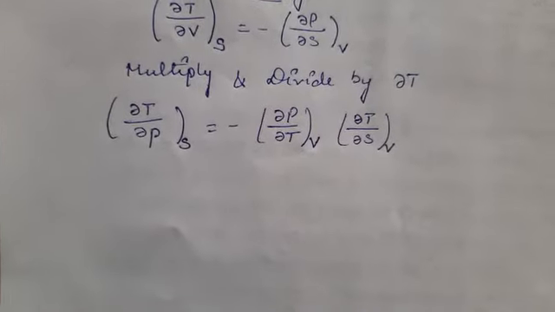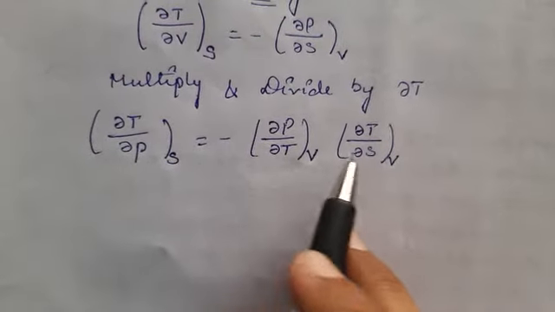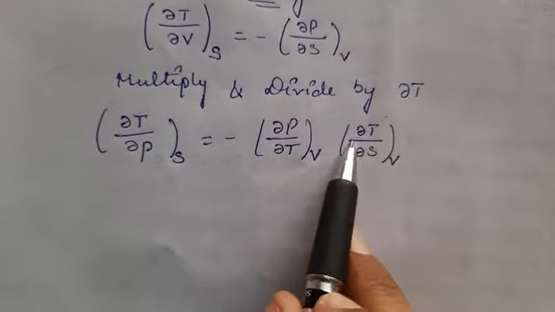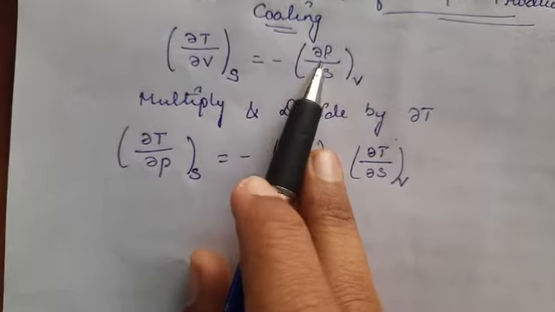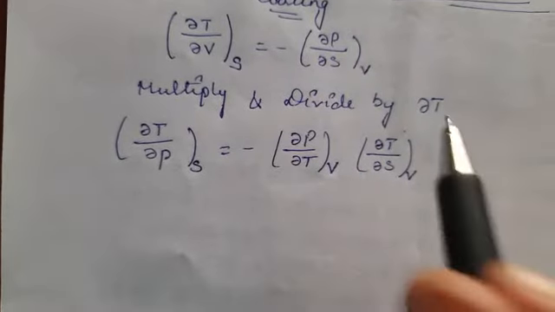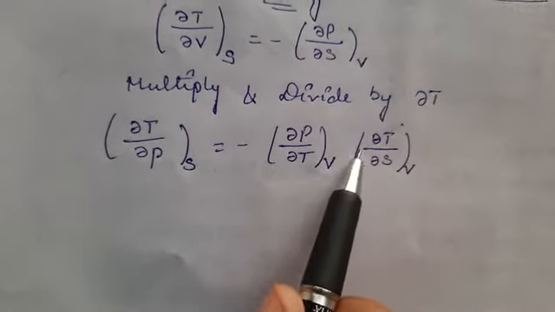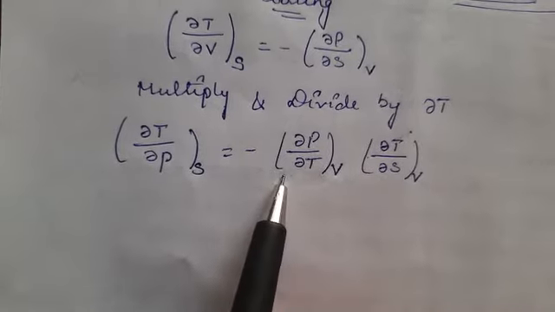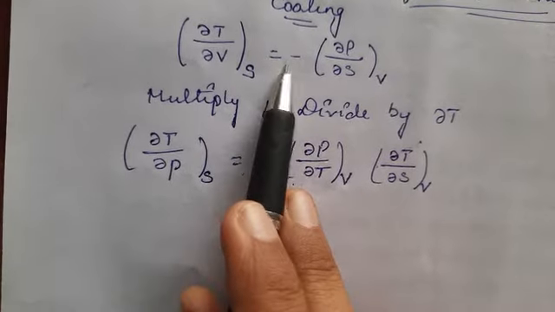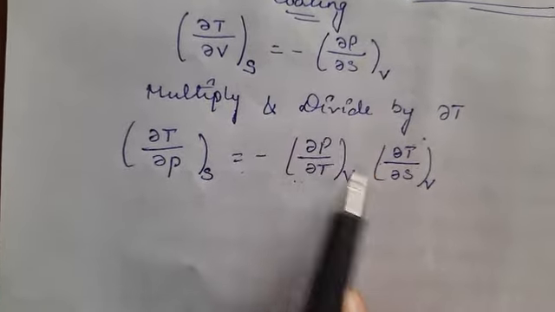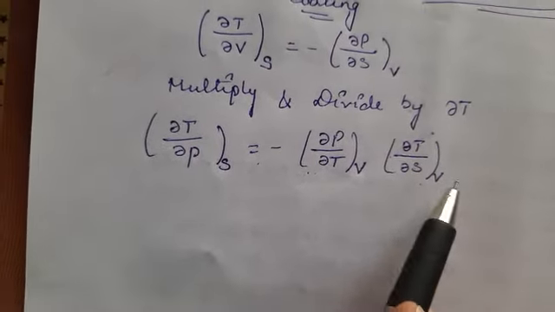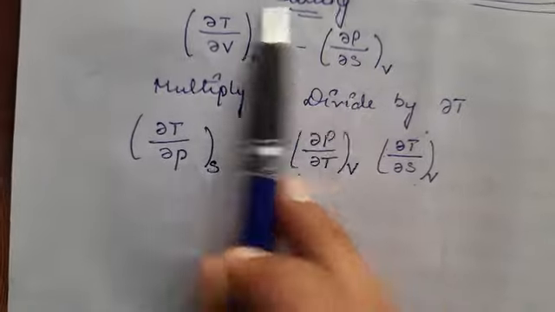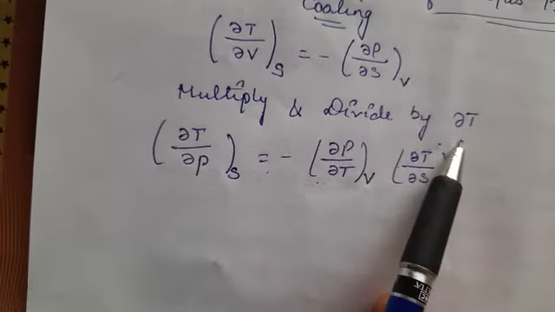So if we calculate, we cancel these two terms, we are left with this function. Again we are left with this function, right? When we cancel these factors, we are left with the negative sign as it is, ∂P/∂S, right, having constant volume. So that's why I multiply and divide this equation by the partial derivative of temperature.